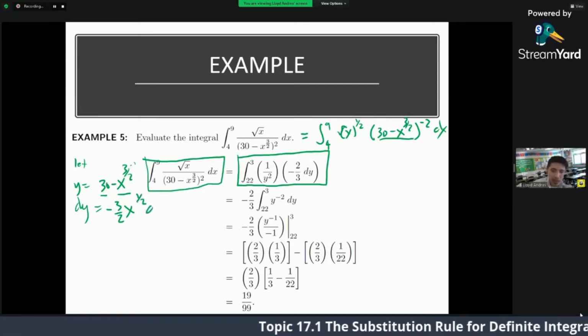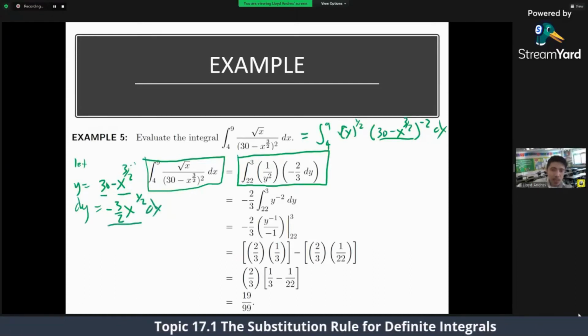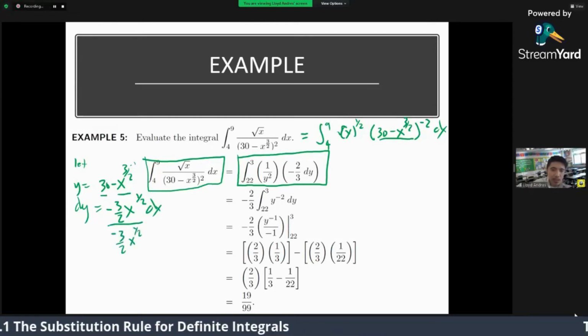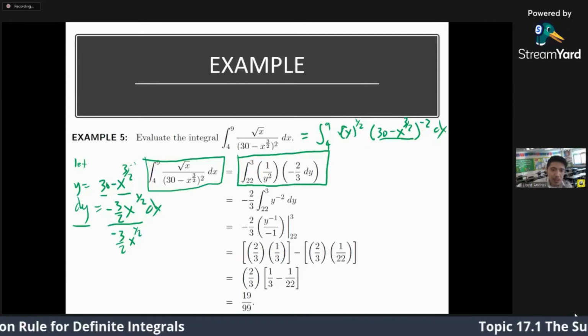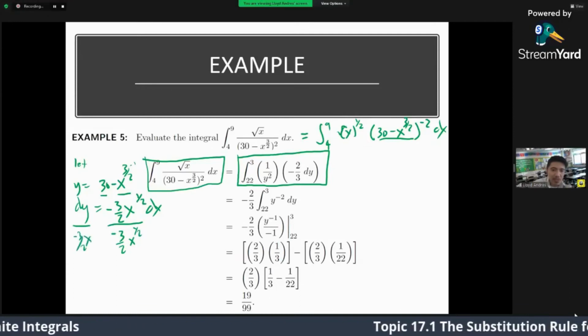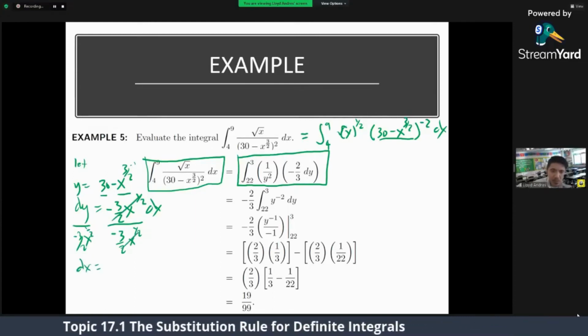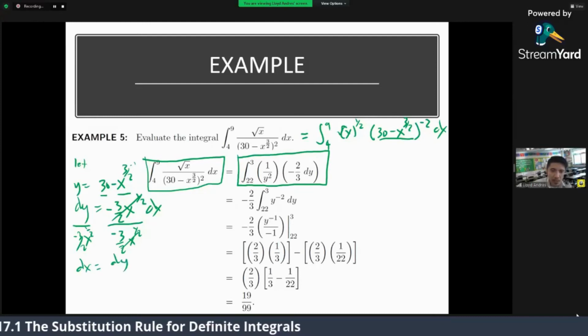Tapos, dx. So, dividing both sides ani, negative 3/2 x raised to 1/2 para isolated si dx. Negative 3/2 x raised to 1/2. Cancel ni dere. So, dx na to is dy na kay negative.